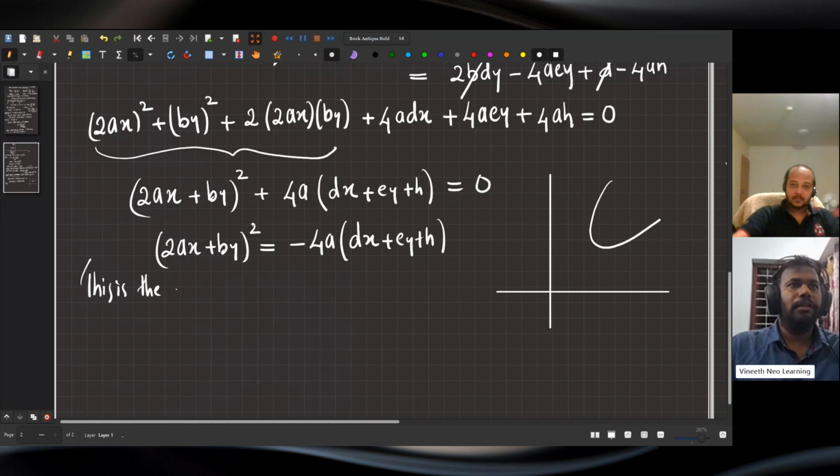This is the equation of a general parabola.